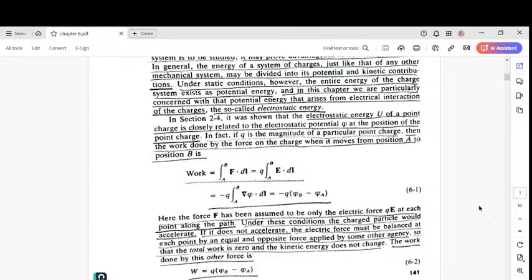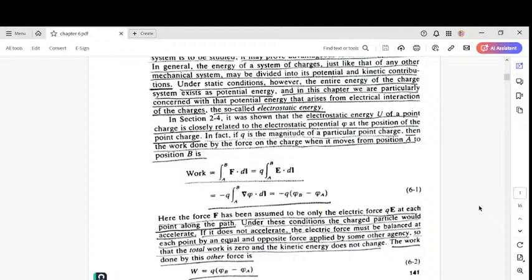Ideally, the charge should accelerate, but if there is another force opposite to this force, it will decline its motion and there will be no acceleration, because we are studying electrostatics. In electrostatics, there is no motion of the charge, so the force from an opposite agency will also be present. That's why there will be no acceleration, the net work done will be zero, and the kinetic energy does not change.